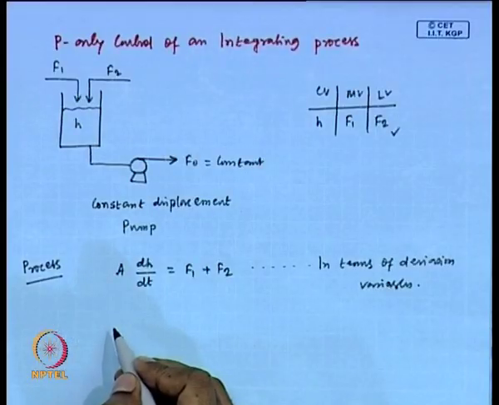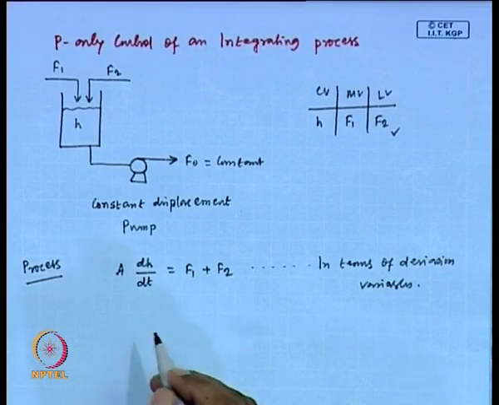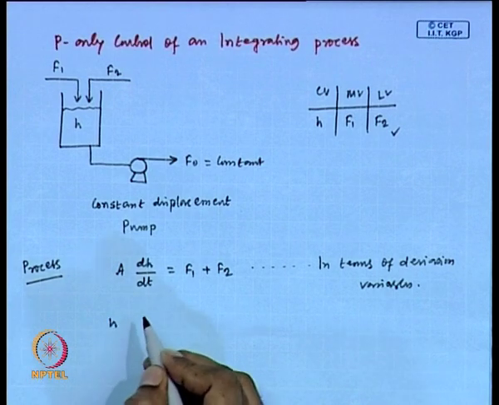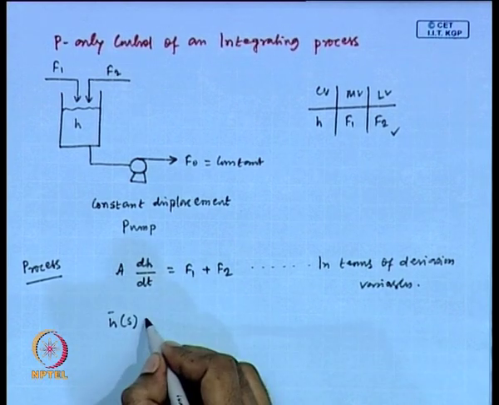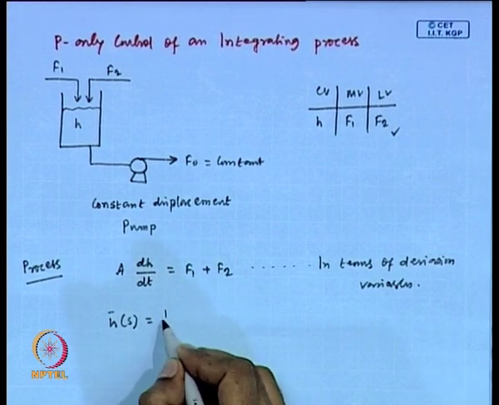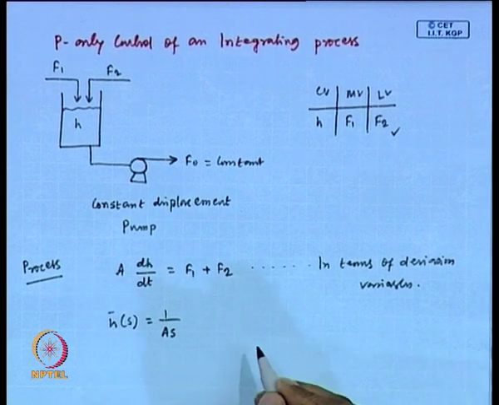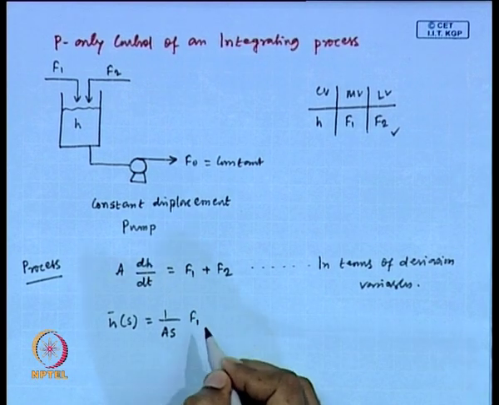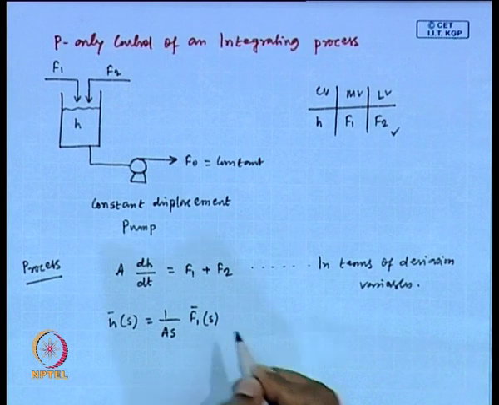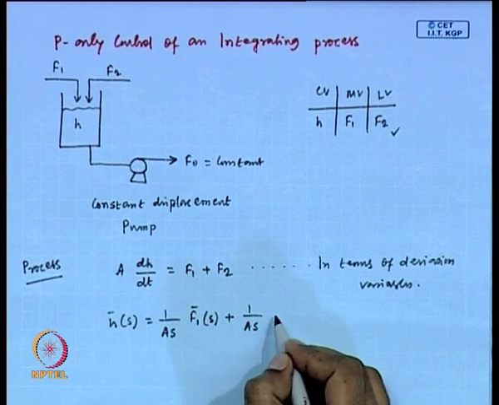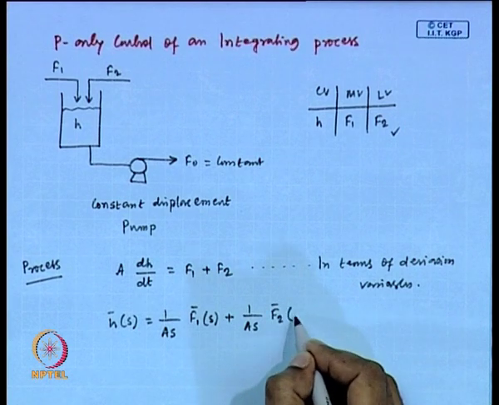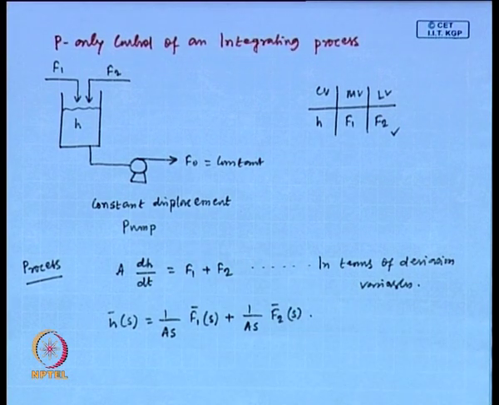Now, if we take Laplace transform and rearrange, then we get h bar s equals 1 divided by A s f1 bar s plus 1 divided by A s f2 bar s. Taking Laplace transform, we get this form.